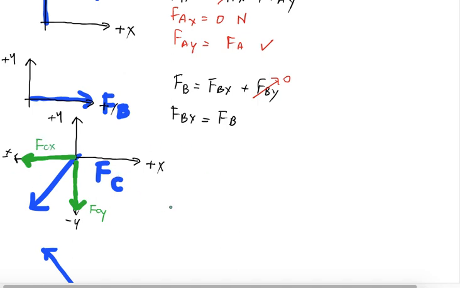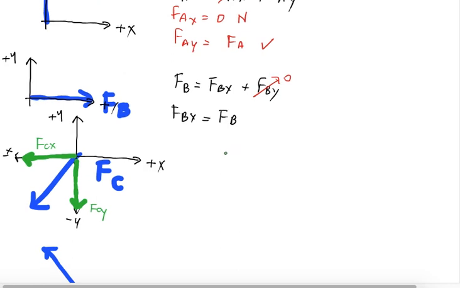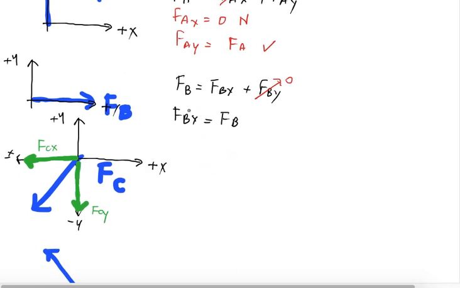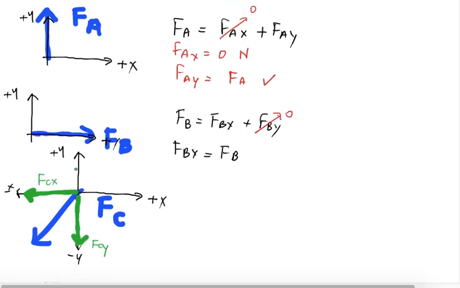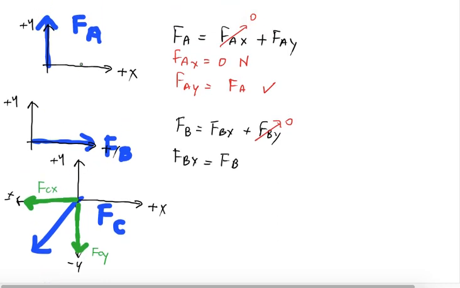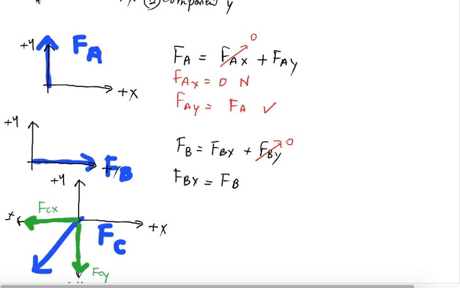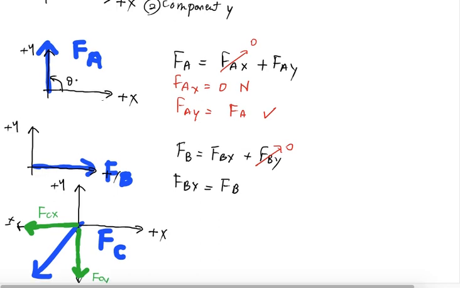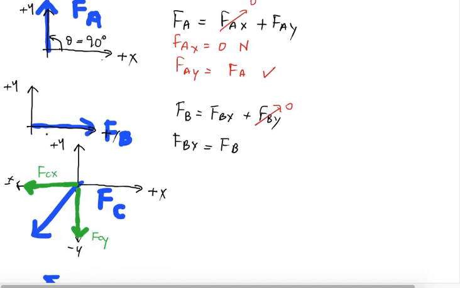How do you calculate the components? This time it will be a little bit difficult because you have an angle involved. For example, for FA just now, the angle you have to measure from the X axis is 90 degrees. For FB, the angle is 0 because it is on the x-axis itself.